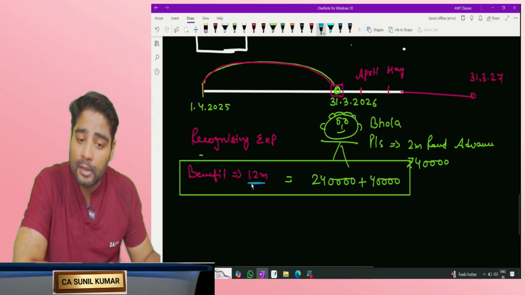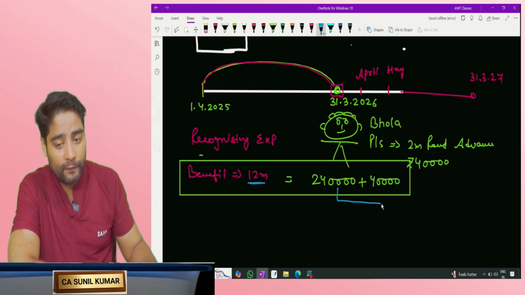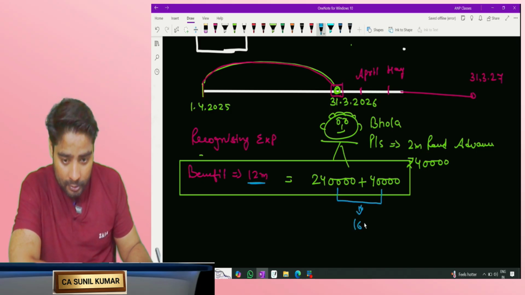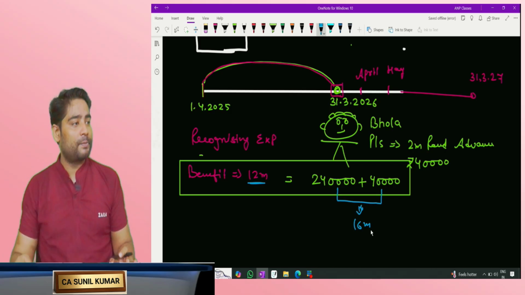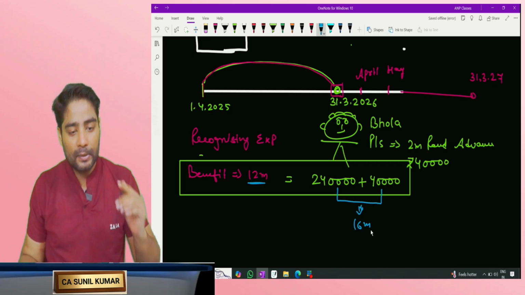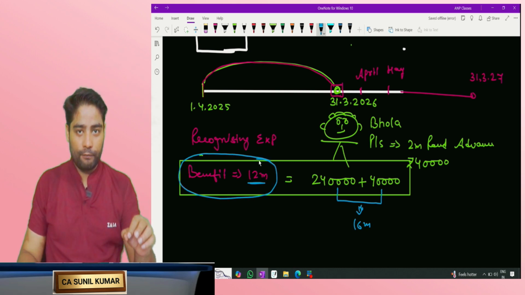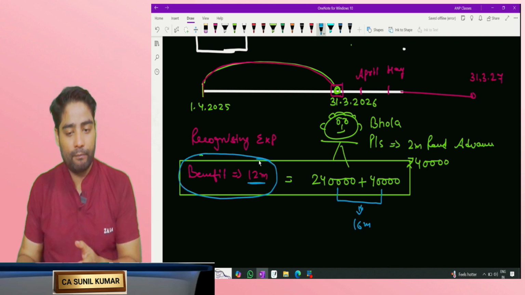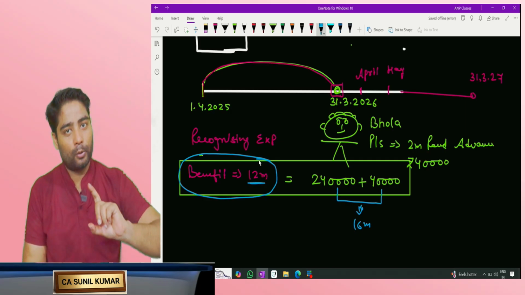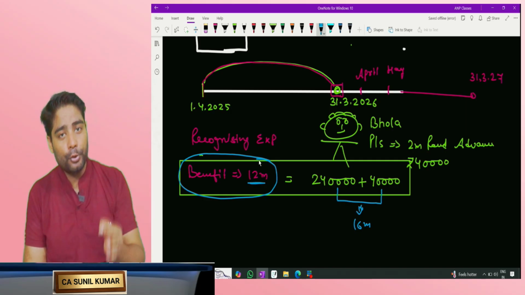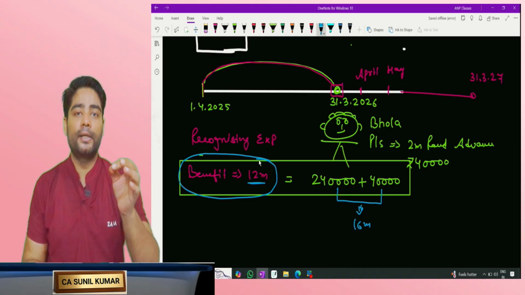You have taken the benefit of 12 months, but you're recognizing the expense of 2,80,000, which is for 14 months. So what matching concept says? Matching concept simply says, if you have taken the benefit of an expense or an asset for that particular period, then you should recognize that expense for that particular period only.